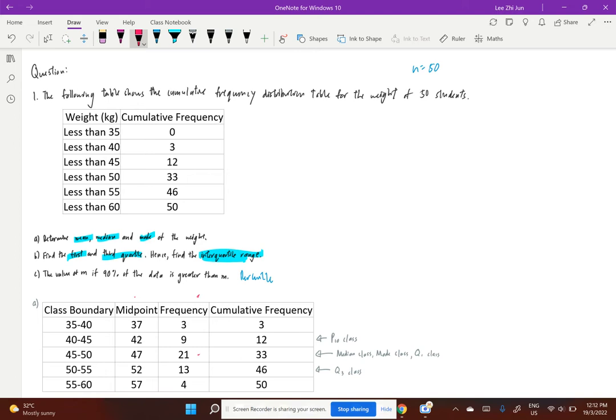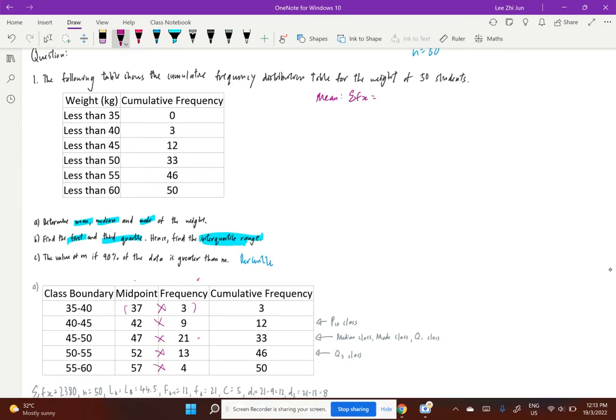So for the mean, before that, I will calculate all the data. The sigma fx is 37 times 3, 42 times 9, 47 times 31, 52 times 30, 57 times 4.